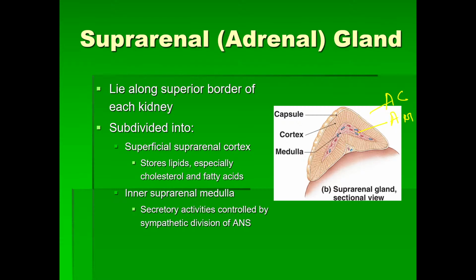The adrenal cortex secretes hormones which are collectively referred to as corticosteroids, whereas the adrenal medulla secretes hormones which are referred to as emergency hormones. So these two different categories of hormones are produced by the adrenal cortex as well as the adrenal medulla portions of the adrenal gland.